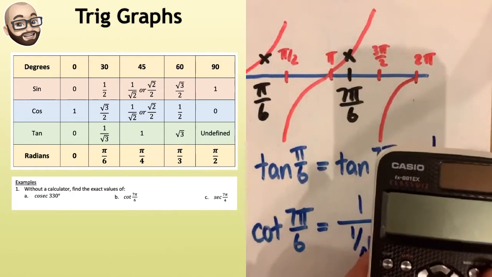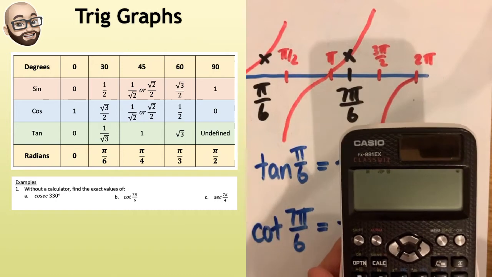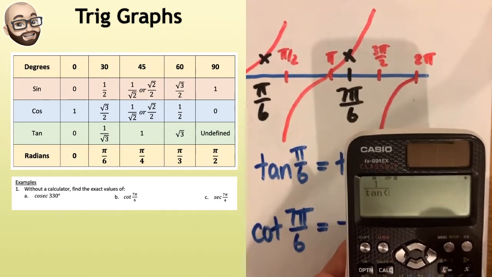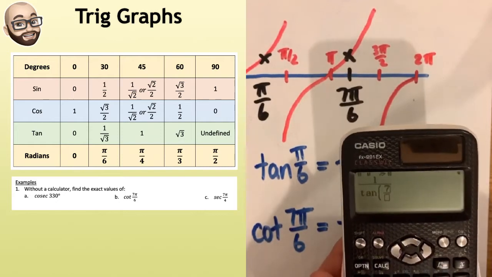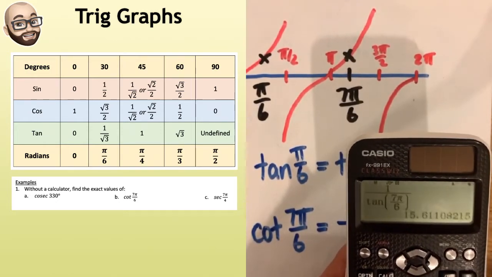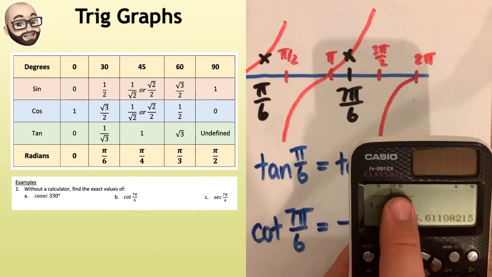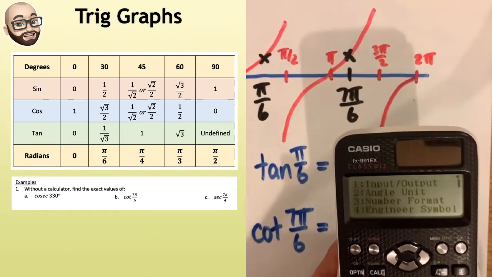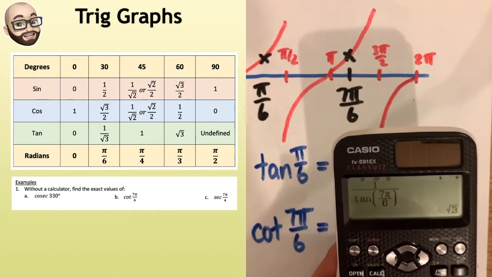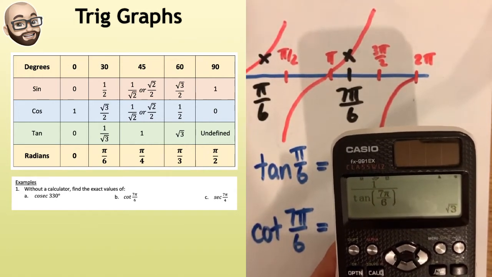And again, we can check that on a calculator. If we do 1 over tan of 7 pi over 6, I'm in degrees, I should have changed this quickly into radians. There we go, we get the root 3 answer that we've just worked out.